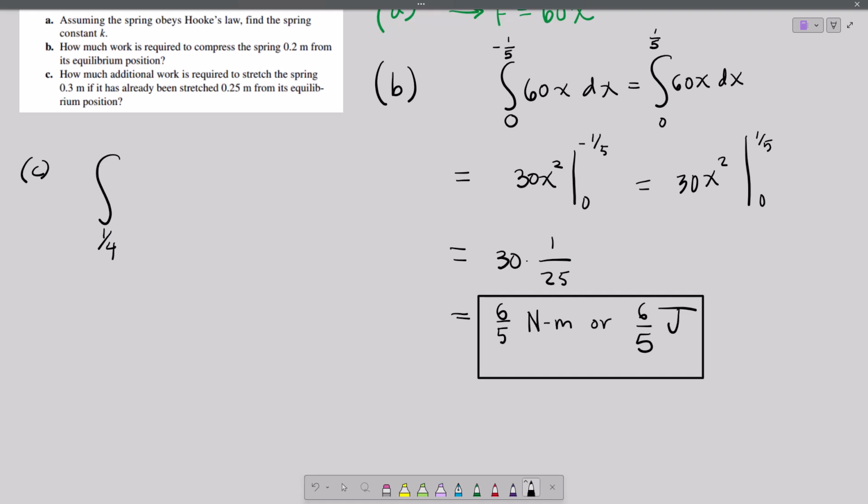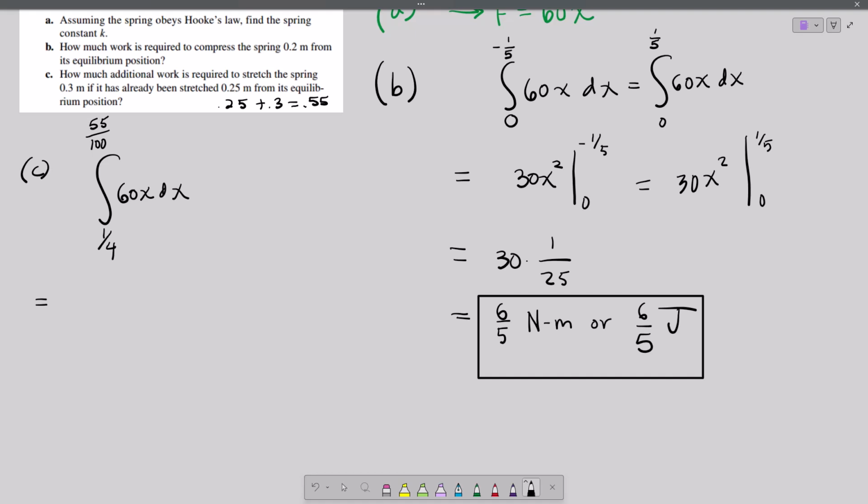And we want to go an additional 0.3 meters. So we're going to go to 0.55, which we're going to write as 55/100ths, which we can, of course, simplify in a minute. So we're going from 0.25, and we're going to add that to get 0.55. So the work that we're finding is just the additional work. Function, 60x, dx.